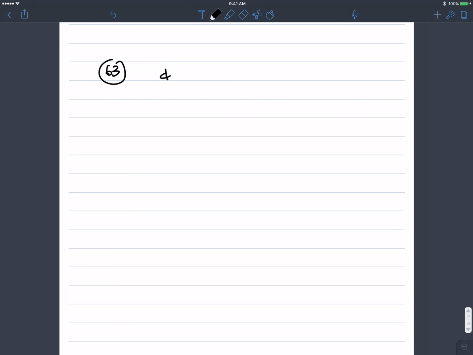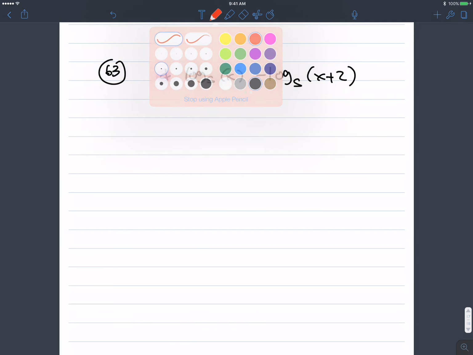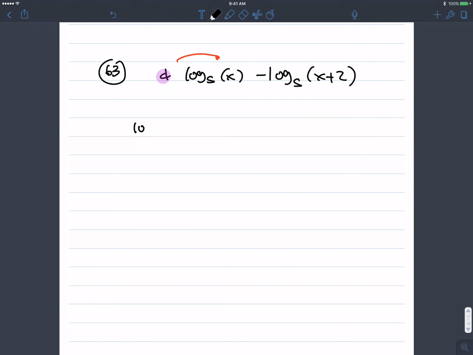63. 4 log base 5 of x minus log base 5 of x plus 2. Constant. Put that back in here as a power. So you get log base 5 of x to the fourth minus log base 5 of x plus 2.